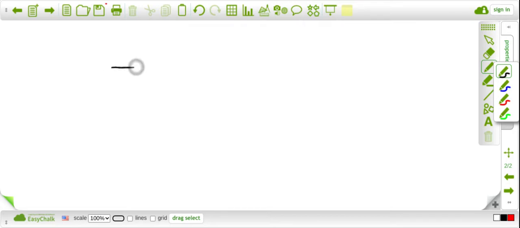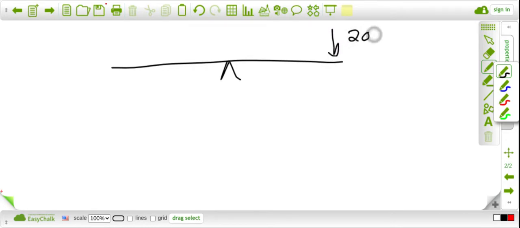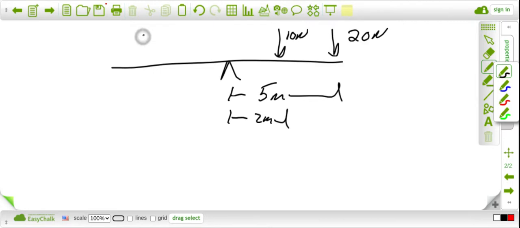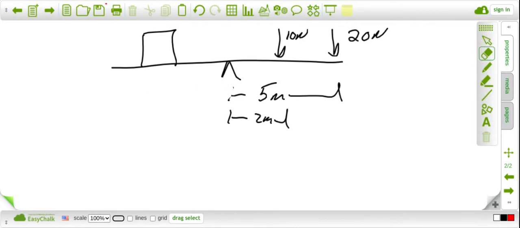So if I have a lever and there is an input force of 20 newtons acting at 5 meters, and then there is a second force of 10 newtons acting at 2 meters, and I want to lift up a box on the other side, why don't we approach this by saying, we just did one, we gave the distance.